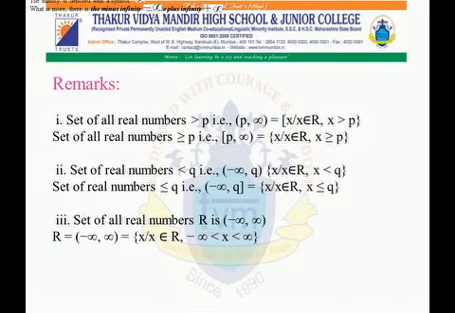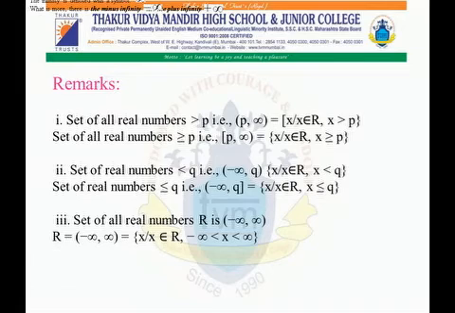Now see some remarks. Set of all real numbers greater than p, that is p to infinity. If we are having the numbers more than p, then all the numbers more than p are from p to infinity. It is represented in the set form like x such that x belongs to R, where x is more than p.